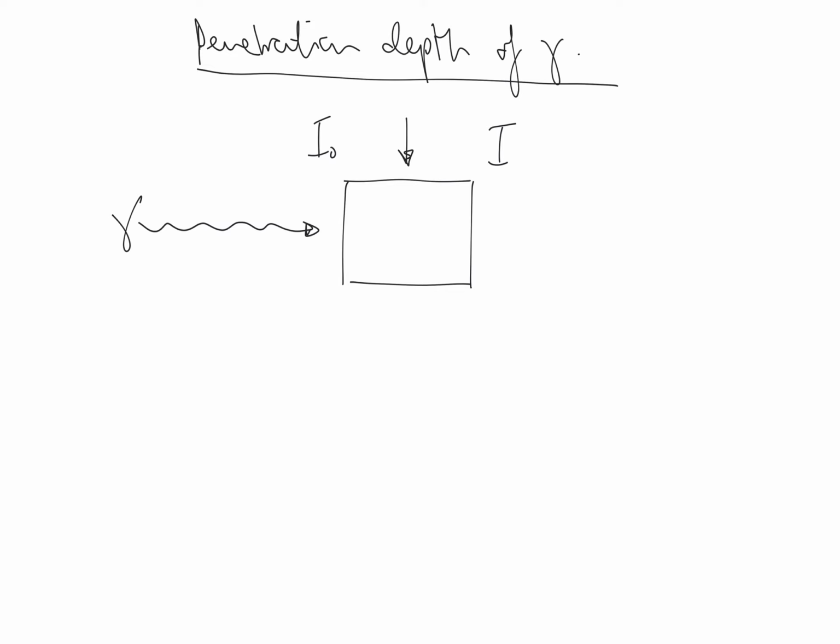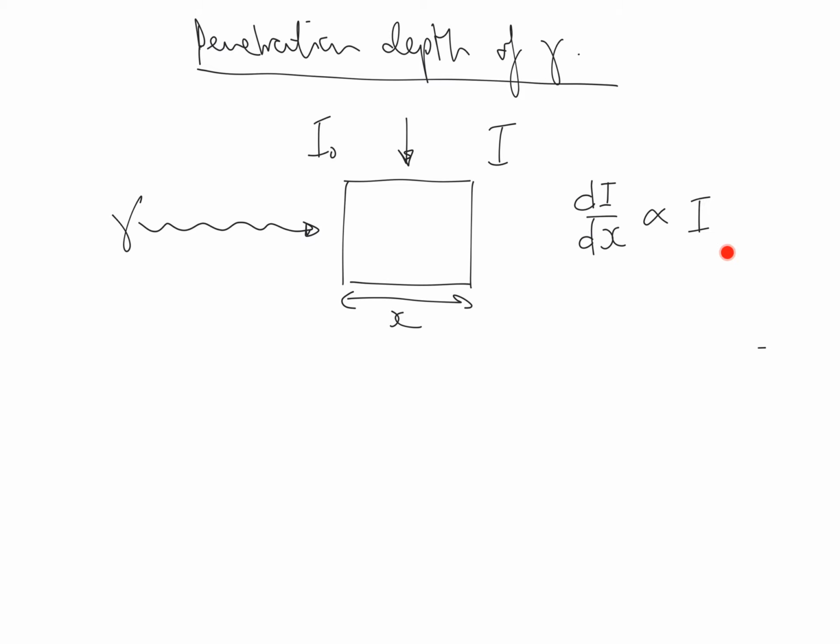In actual fact, the rate of absorption of the intensity with regards to the distance of material it's travelled through is going to be proportional to, of course, how much intensity you start with. If there's a lot more to start with, then there'll be a bigger decrease.